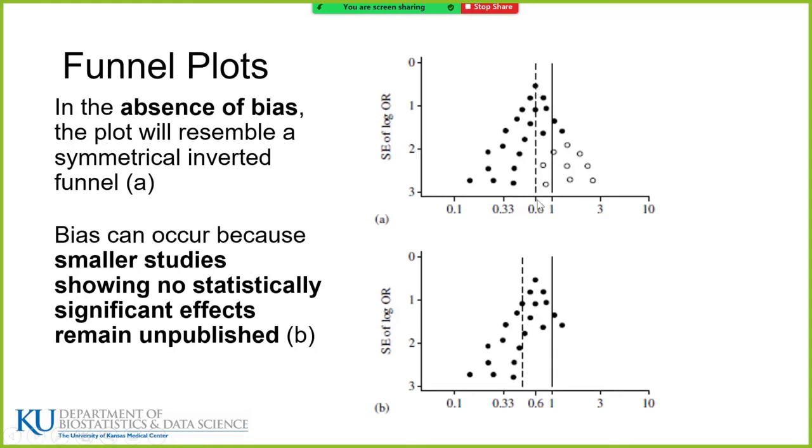It provided evidence of a 40% reduction in risk, so the risk ratio is about 0.6, and it had very minimal impact of sampling error. As we move down the figure, we're increasing the impact of sampling error, probably because the study is smaller.